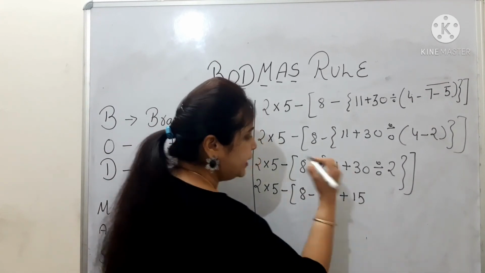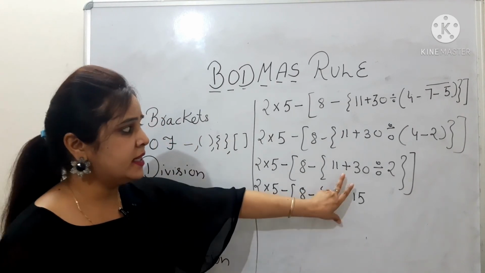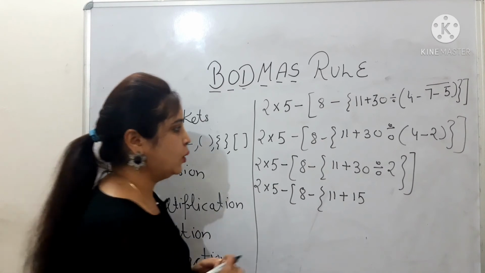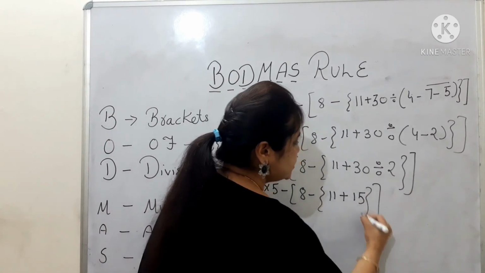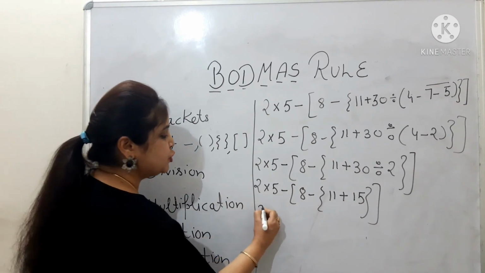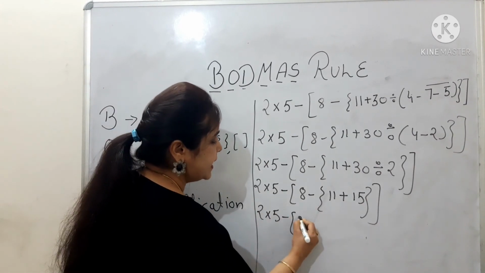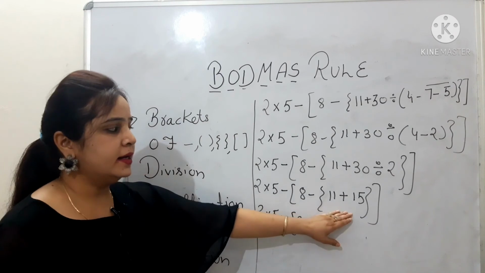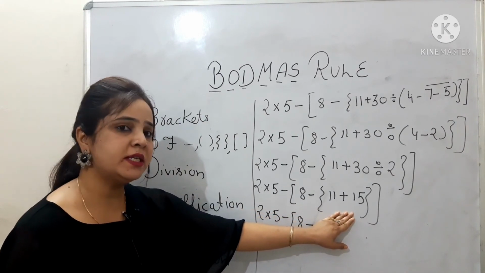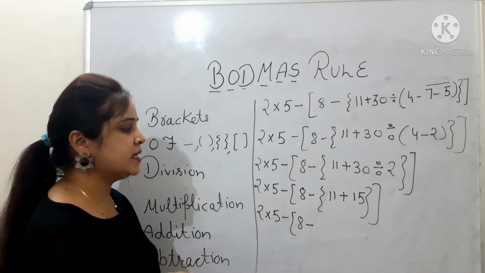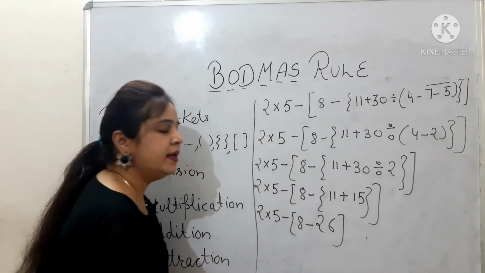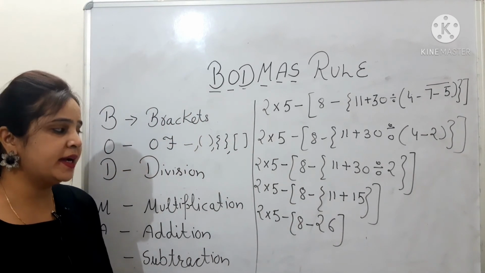We already know that 30 divided by 2 is 15. Our curly bracket is not yet solved, so it will be as it is. Now 2 multiplied by 5 minus 8 minus, under curly brackets we have 11 plus 15. 11 plus 15 is 26.